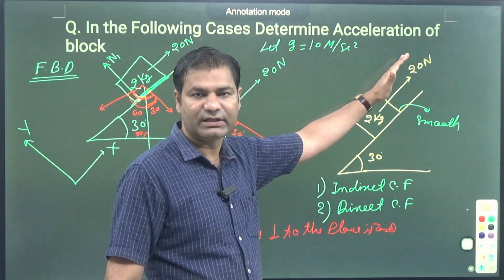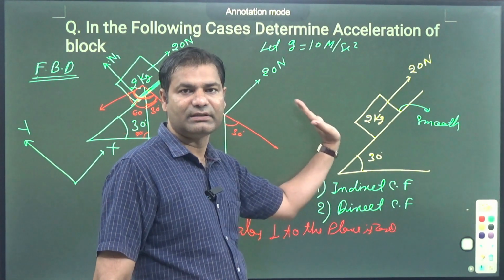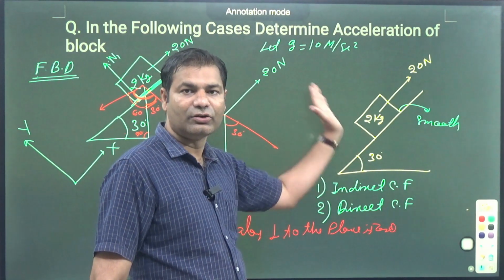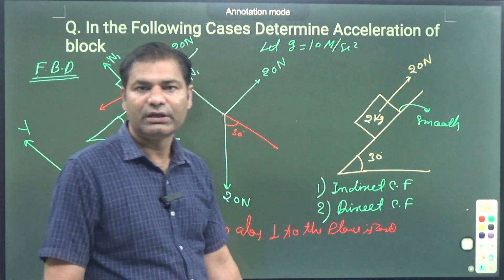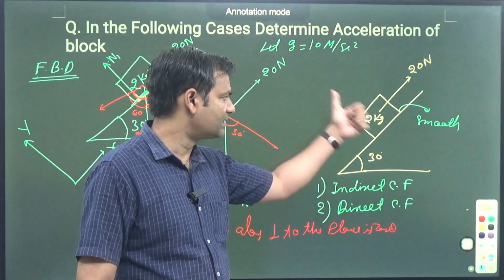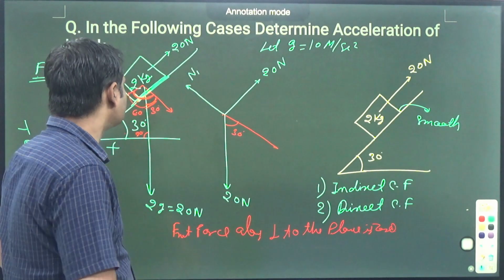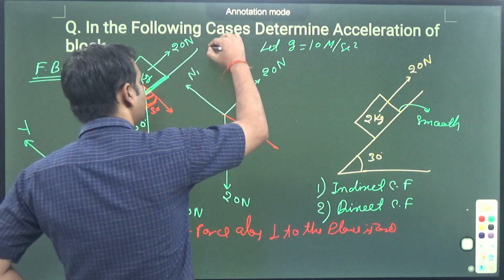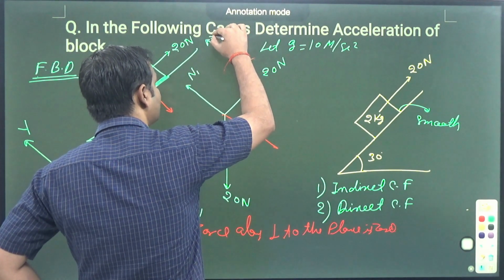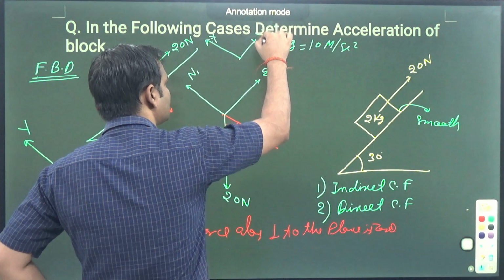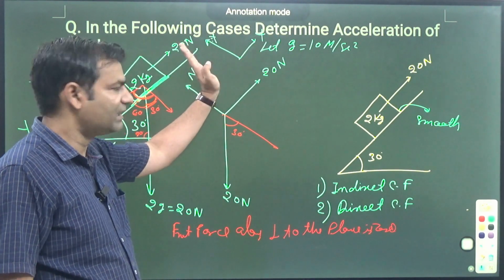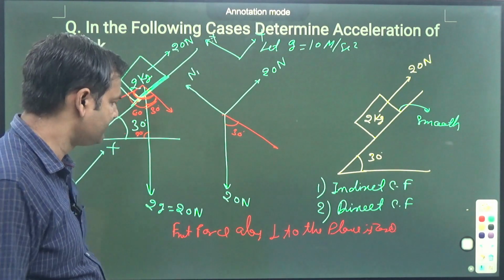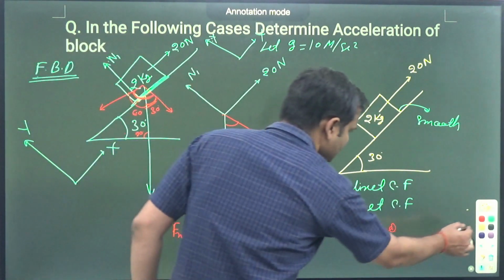If this is capital X and that is capital Y, along the Y direction the resultant force is 0. So, we resolve all components along the capital X direction and capital Y direction. Okay.